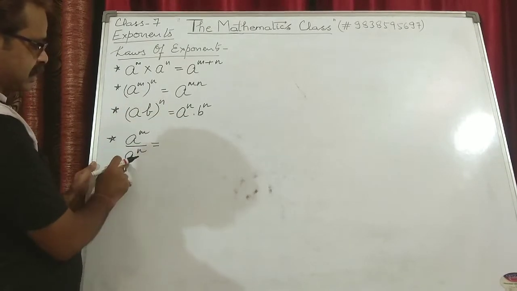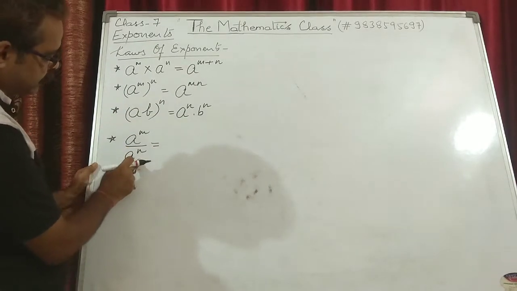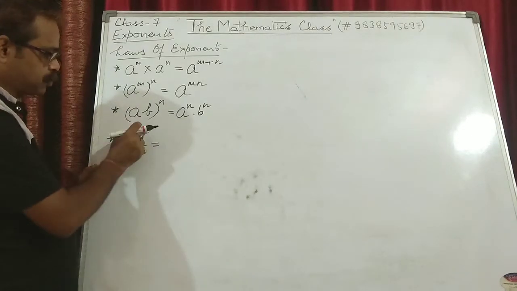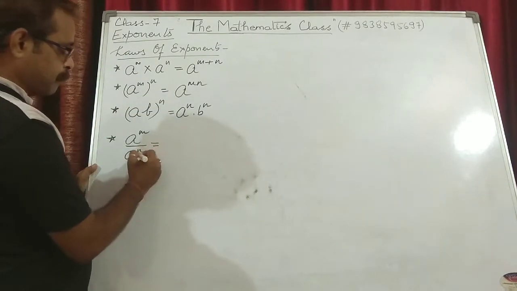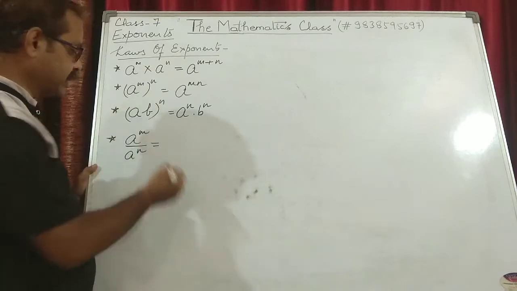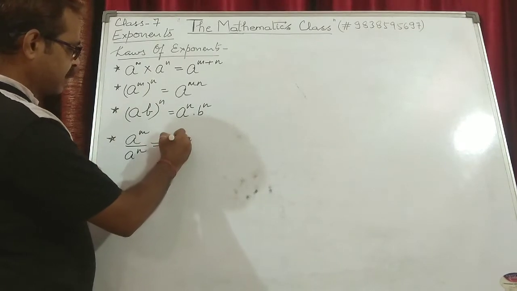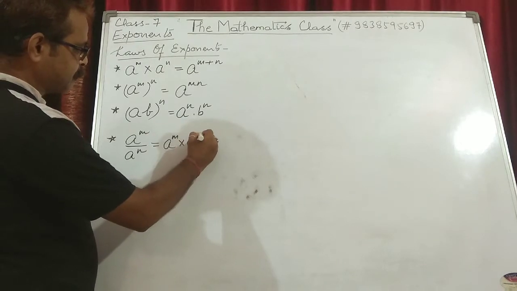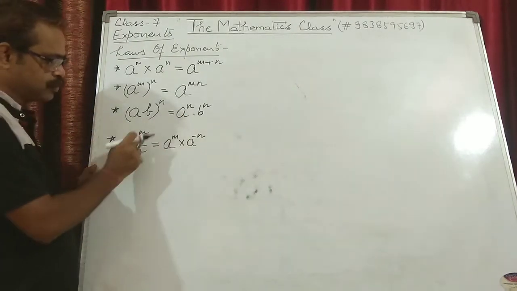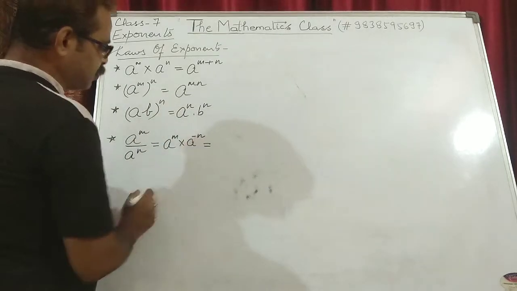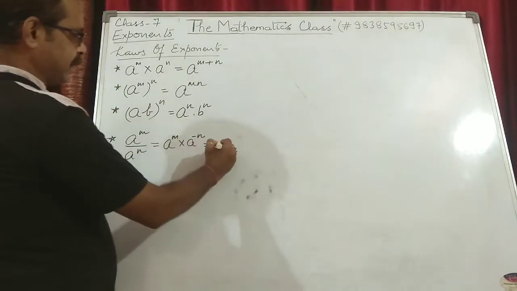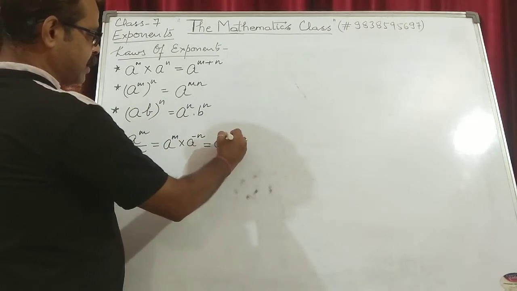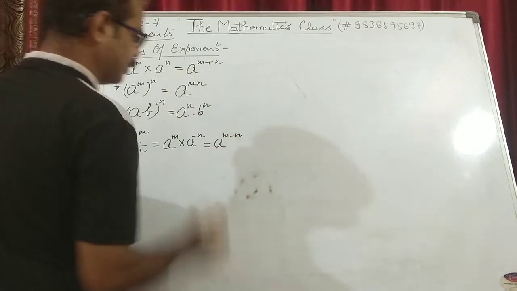You can see the bases are a and a. If the bases are equal, we take the denominator to the numerator, it will change its sign. So you can say a to the power m into a to the power minus n. This has moved to the numerator. And now we know that when the bases are equal, powers get added. So we can say a to the power m minus n, like this.